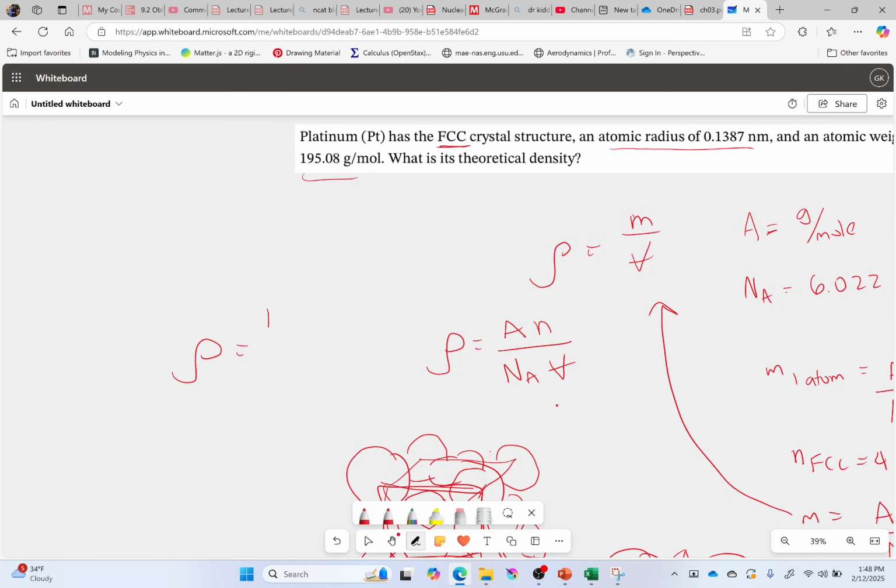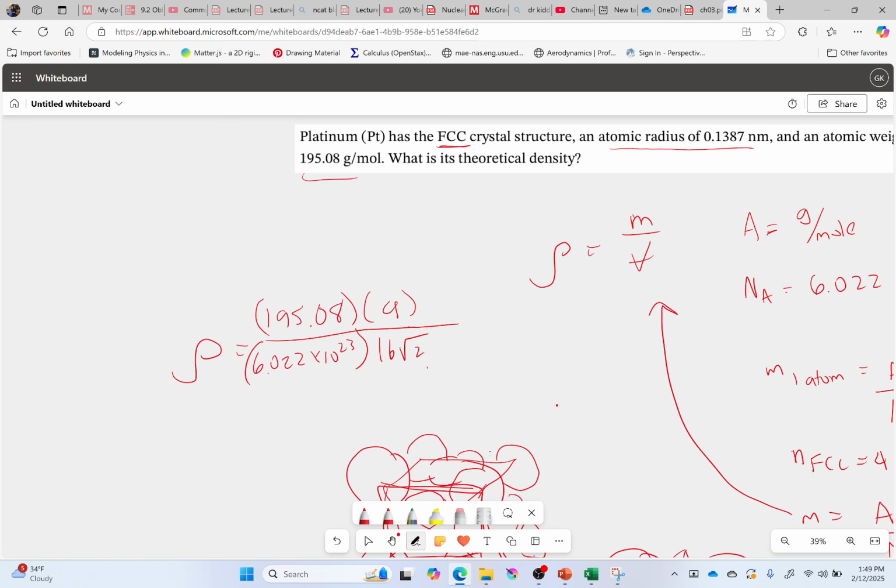The atomic weight, which is 195.08, times the number of atoms, which is 4, all over Avogadro's number, which is 6.022 times 10 to the 23rd. And I'm going to need to plug in the volume now. I'm going to erase this because I'm running out of space. Times 16 square root of 2, and then finally my radius cubed.